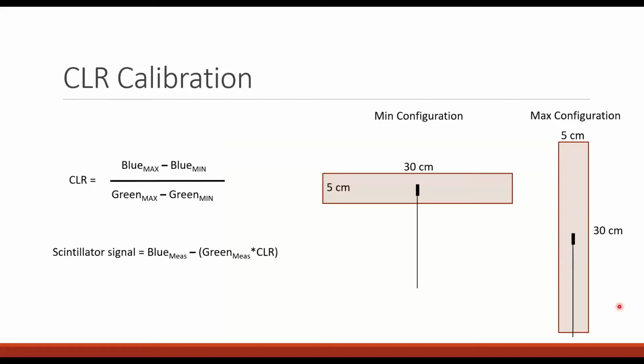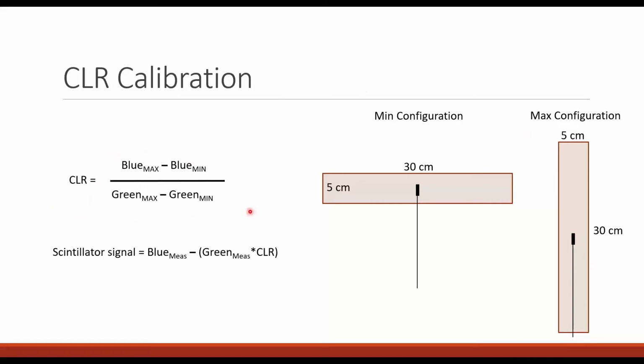We use the two configuration method, where we have a minimum configuration, where we used our largest field size, a 30 by 30 field. So we used the 30 centimeters by 5, and this is our minimum configuration. Then we simply rotated the collimator to get our maximum configuration, where more of the stem is being irradiated.